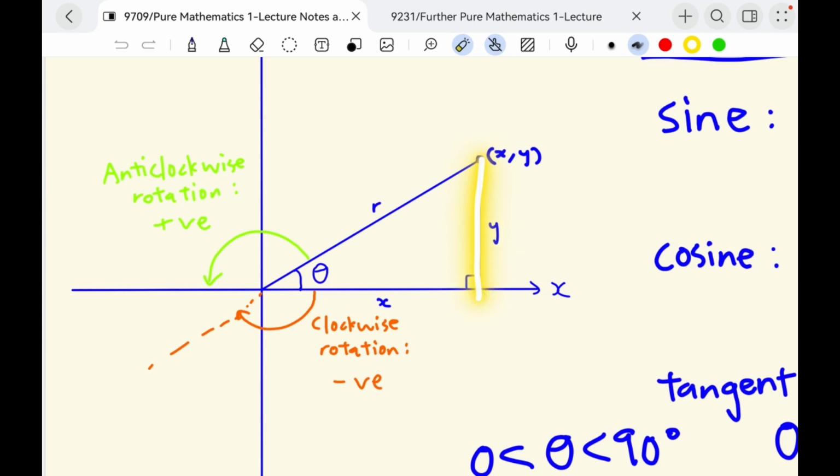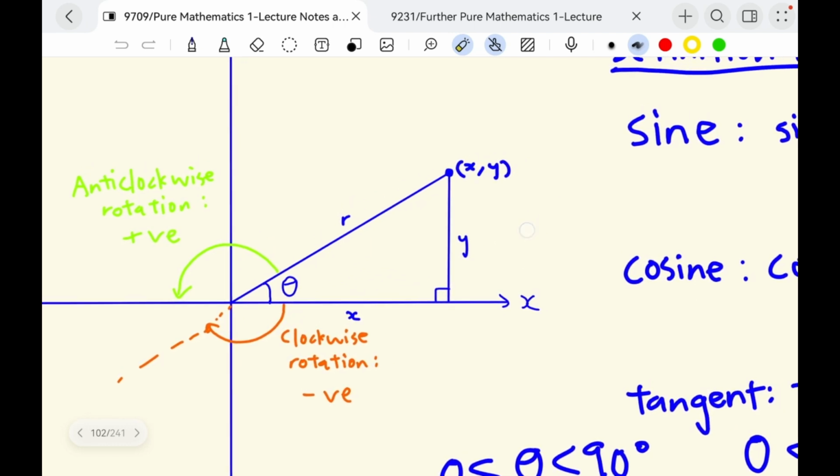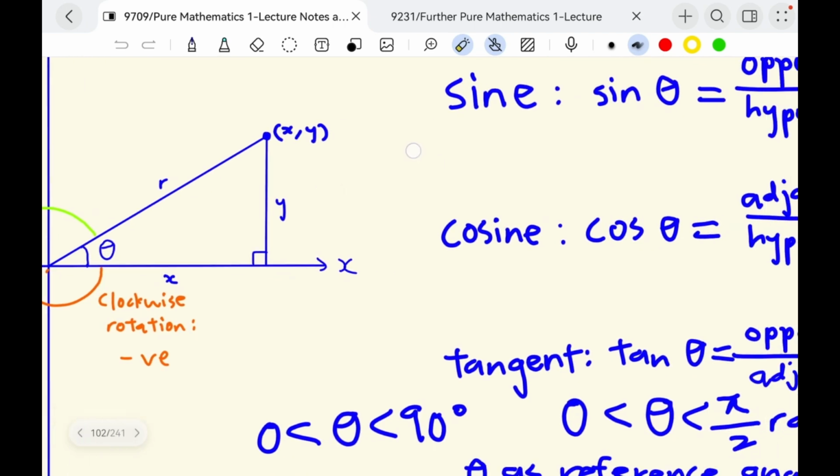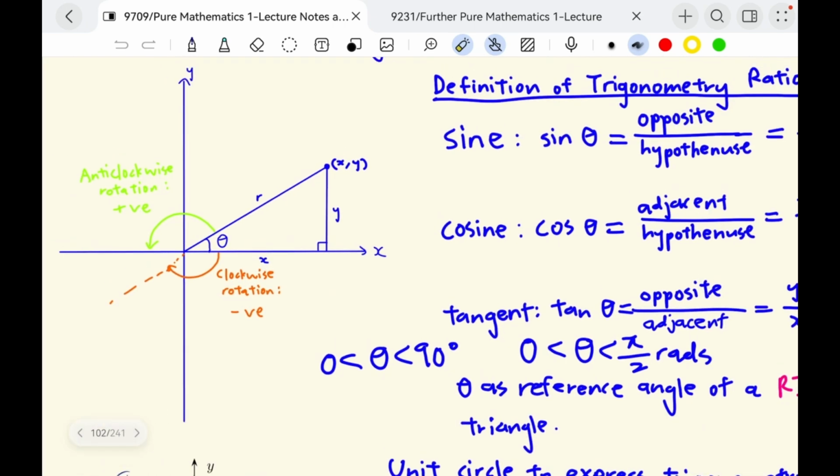For the vertical one, it is called the opposite side. Why? Because this side does not touch the angle, but the horizontal side does. As well as this longest length, we call it the hypotenuse. With the angle subtended over here, as well as the right angle over there. That's why it is called a right-angled triangle.